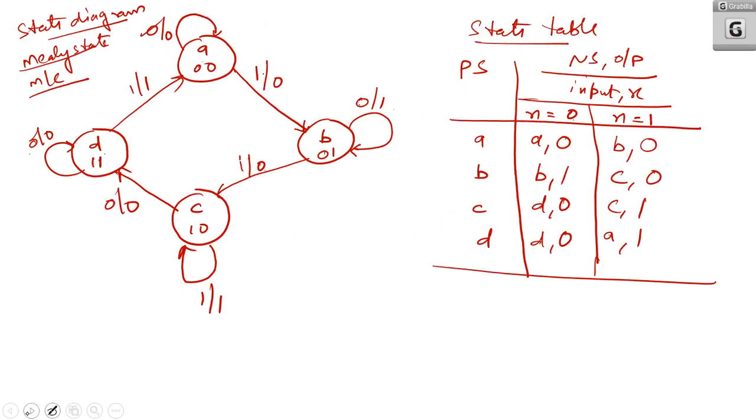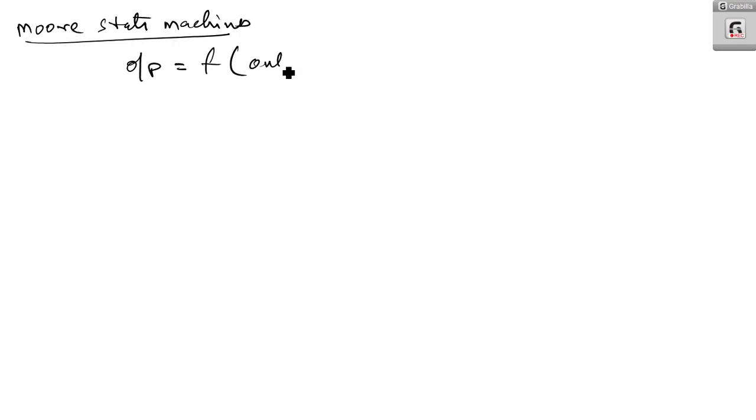Now coming into the Moore state machine. Coming into the Moore type state machine. Here what is the difference? Here the output is a function of only present state.